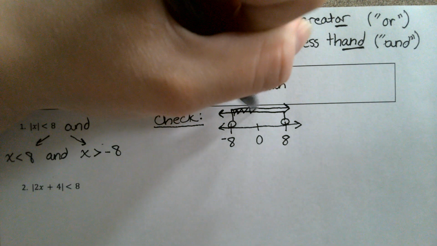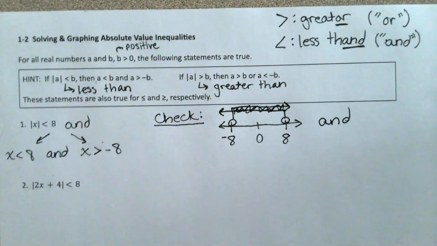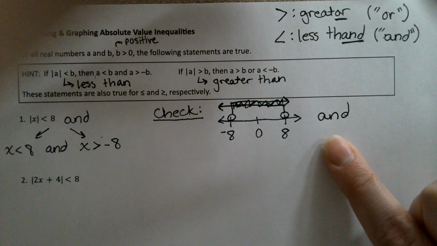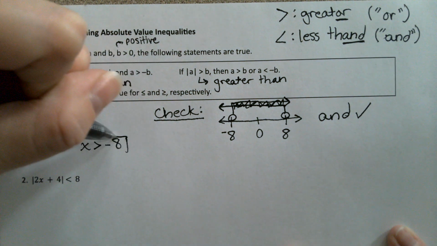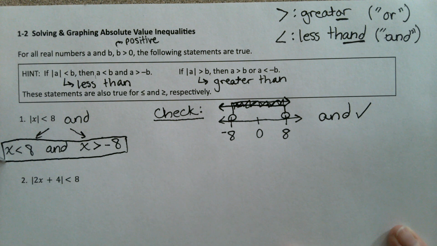And notice that there's a nice overlap here. That means it's an and graph, which we should have because it matches our and statement. That works. So this is our answer. X is less than 8 and x is greater than negative 8.